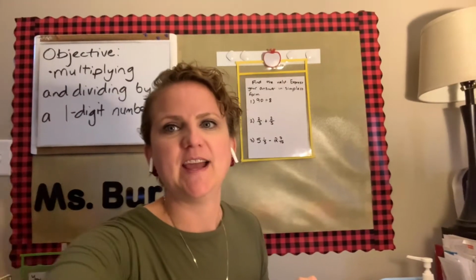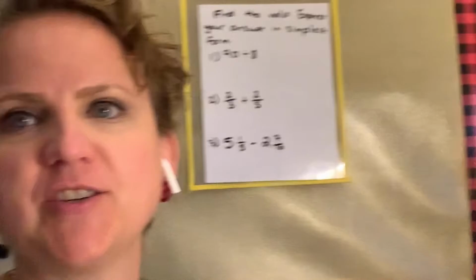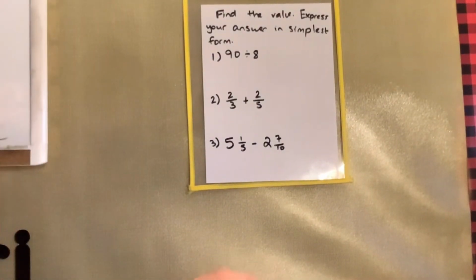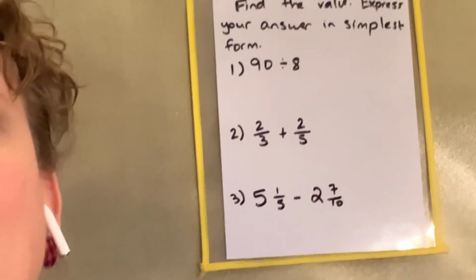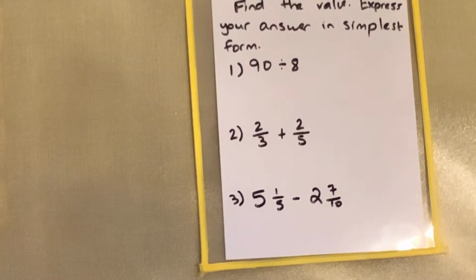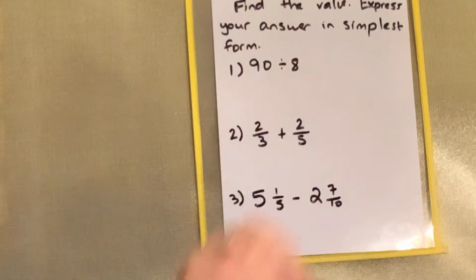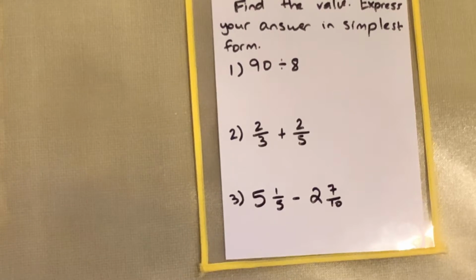For today, we're going to take a look at some of our fraction work. This is going to be just a little bit trickier because you are now at the point where when you're dividing, you know how to express quotients as a decimal. So we have to start paying attention to these directions. The directions say that we're supposed to find the value and express your answer in simplest form.